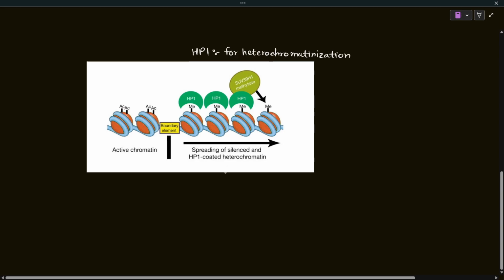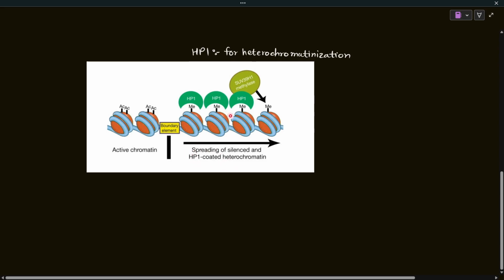SUV39H1 goes on adding methyl marks on the consecutive histones. First it adds on the first histone, then another histone, then another histone. Due to the addition of methyl marks, the HP1 comes and is recruited to those histones, and due to the HP1 binding, that HP1 coated chromatin gets heterochromatinized.